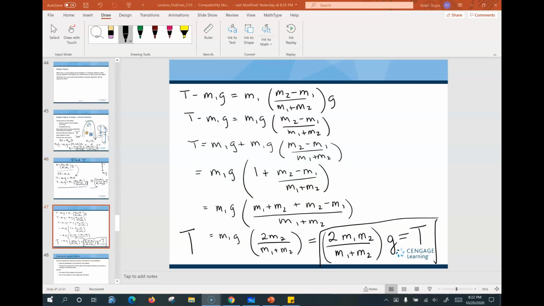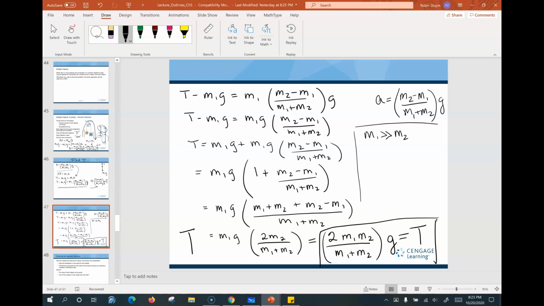Okay, so here's all the algebra that gets you there. And again, that was using the expression for your acceleration, a equals m2 minus m1 over m1 plus m2. And now that we are in Physics C, we look at extreme conditions. We say, hey, what would happen if m1 was way bigger than m2?